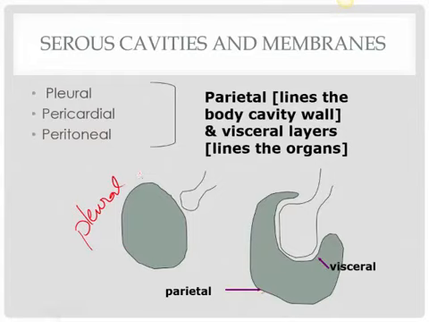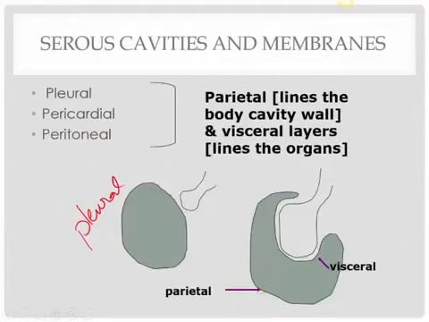As the lung expands and grows, like a fist being pushed into a balloon, it pushes into this pleural cavity, and when it does that, it artificially divides this membrane into two layers. One layer which is intimately attached to the surface of the organ is called the visceral layer, and another layer which is attached to the outside, or which lines the body cavity, is known as the parietal layer.